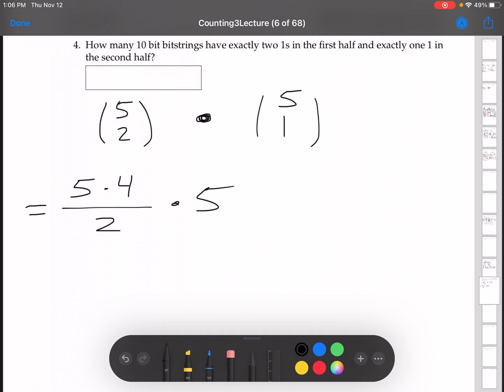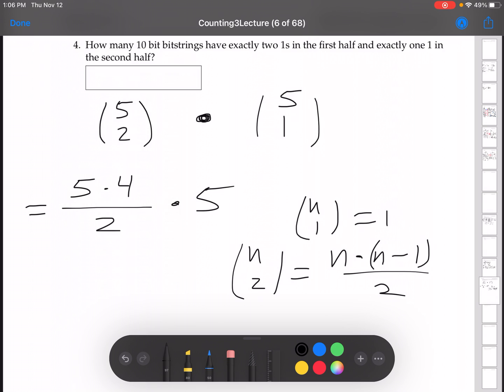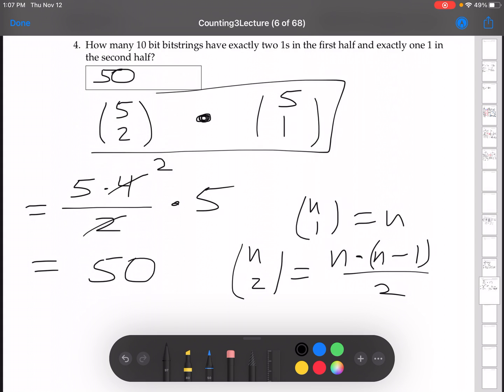We'll see more of that as we go, but one thing that you may want to memorize is that n choose 2 is equal to n times n minus 1 over 2, and that n choose 1 is equal to n. Right, so 5 choose 2 is 5 times 4 over 2, and 5 choose 1 is 5. Now we can do some math there. So 5 times 5 is 25. 25 times 2 is 50. So the answer is 50. You could also write the answer just like that.